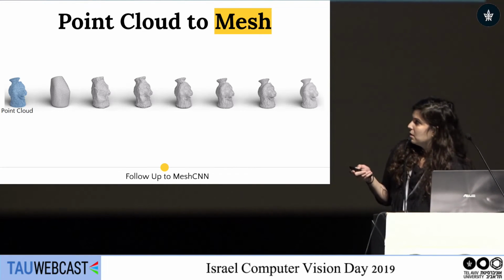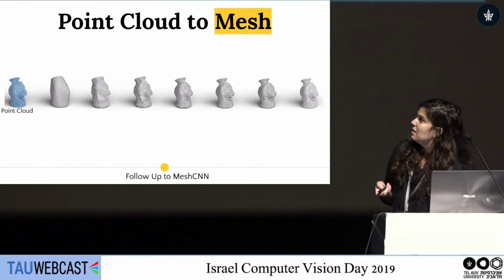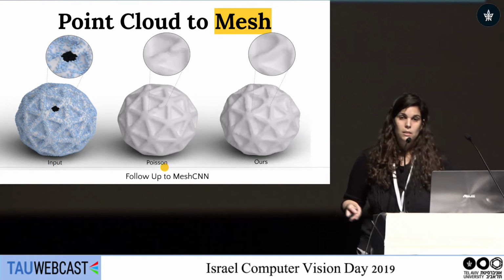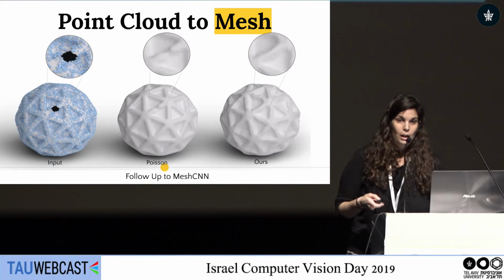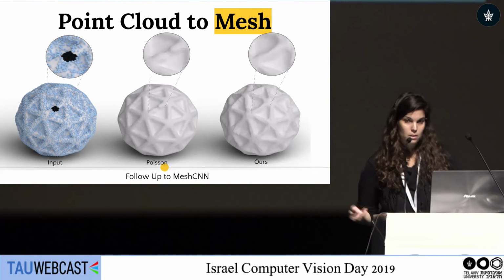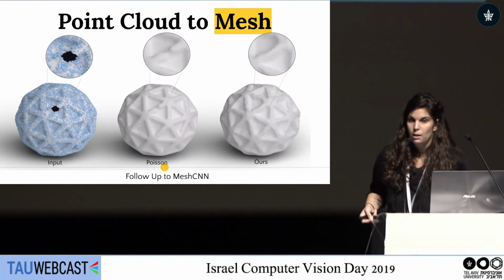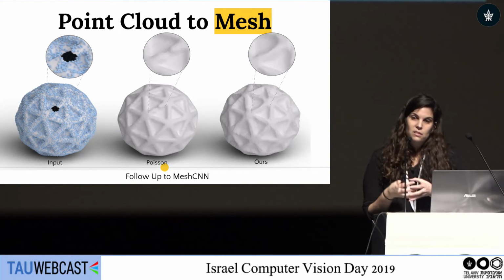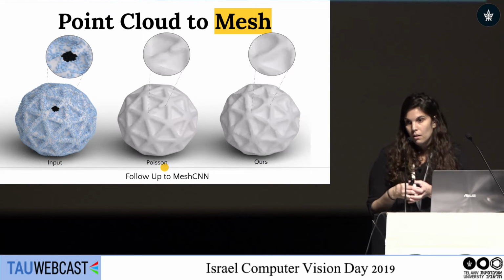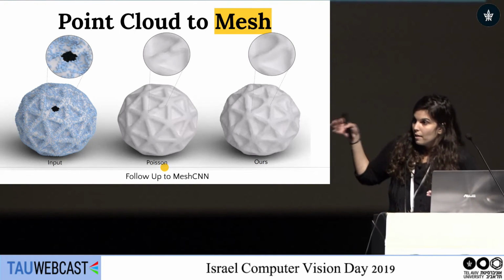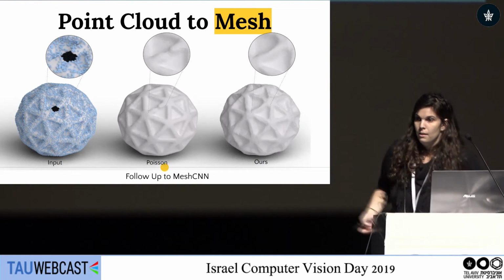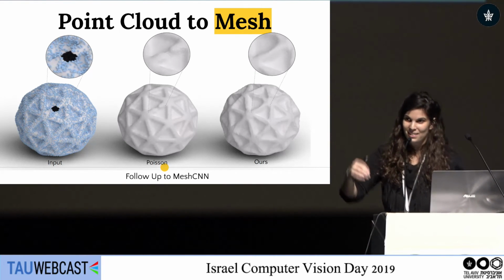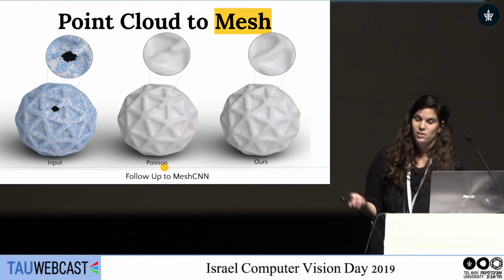And the reason that this is kind of interesting is when we compare that to classic techniques, a classic technique for mesh reconstruction from points is Poisson surface reconstruction. And the Poisson surface reconstruction builds into it some type of smoothness prior, and that prior will fill the hole in a way that for us is not the correct underlying surface.